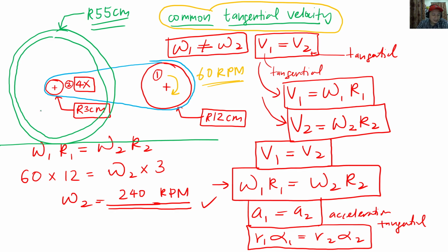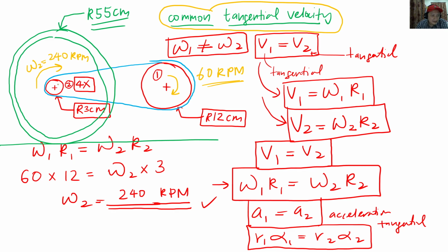So if the rear wheel is radius 55 centimeter, you know for a fact already. What is the fact? The front rotates at 60. The rear rotates at omega 2, 240 RPM.